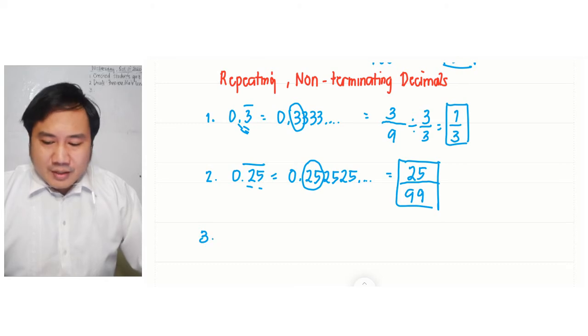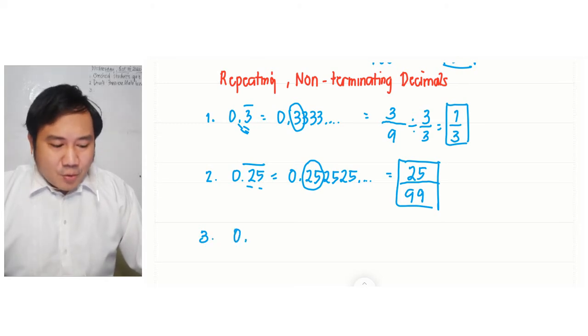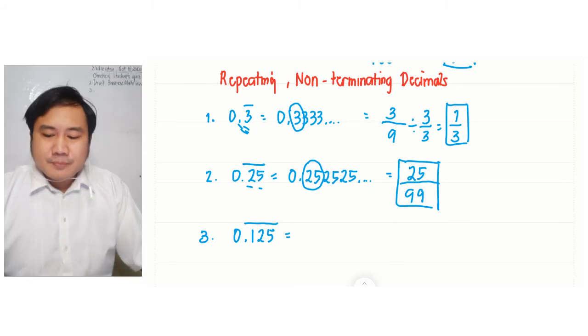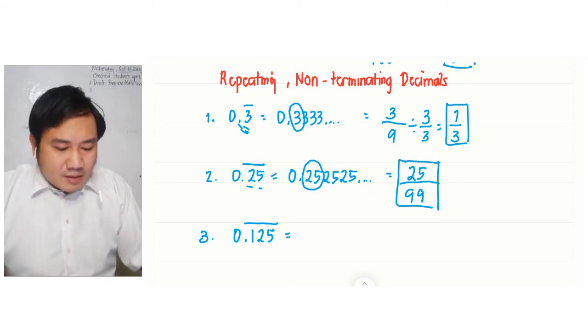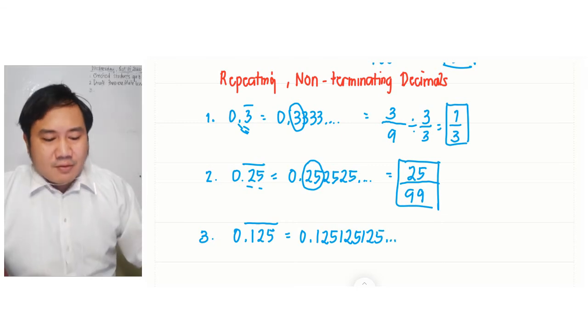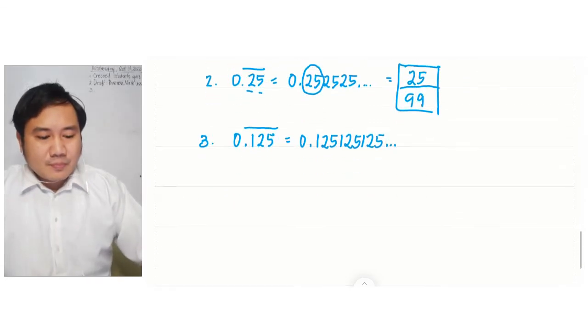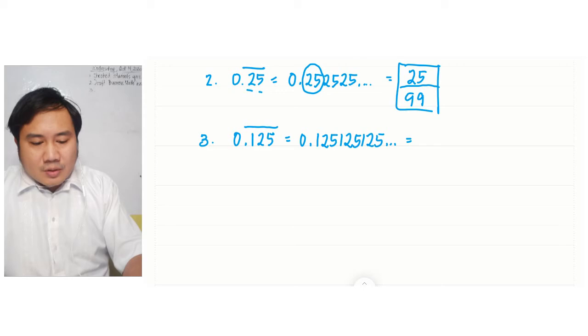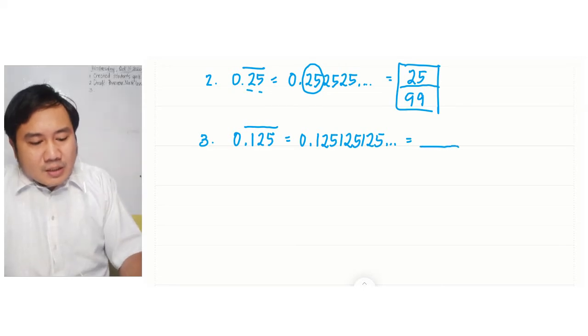Another, number 3, 0.125 bar. Okay? This is also 0.125125, 125, and so on, infinitely. Okay? So, ilang digits ang nauulit?